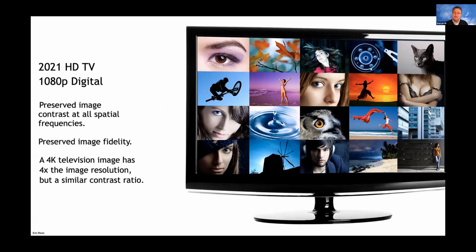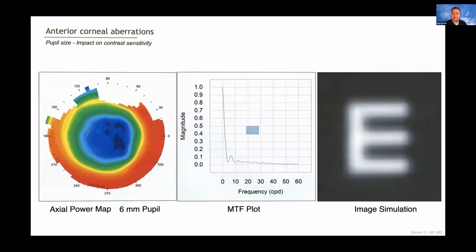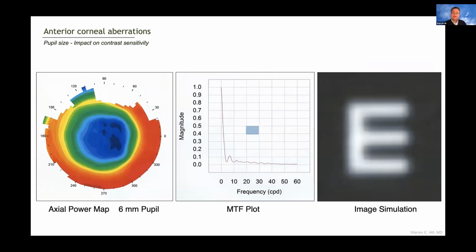So delving just a little bit into what we're going to talk about in a few minutes, here's a patient who's had prior refractive surgery. There's an axial power map with a very familiar picture of flattened central cornea and steepened in the periphery. This is a modulation transfer function plot, which we'll just talk about briefly here. And then we have an image simulation.